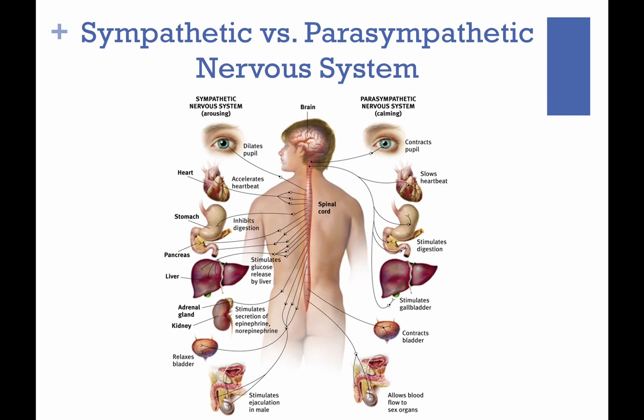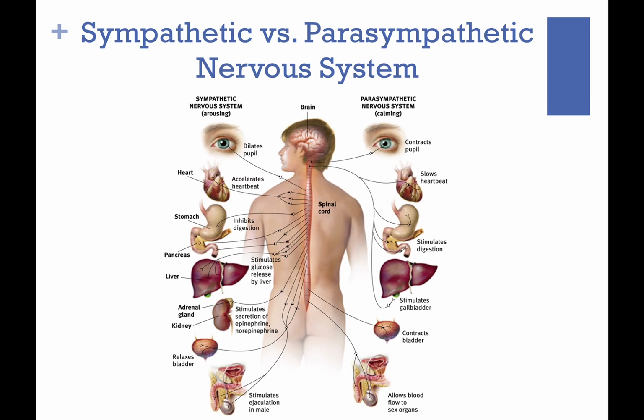So if you get a question that says, what is a physiological example of sympathetic nervous arousal, don't say fight or flight. Say an increase in the heart rate, or a dilation of the pupils, or say something like relaxation of the bladder. Right? Those are examples of physiological responses.